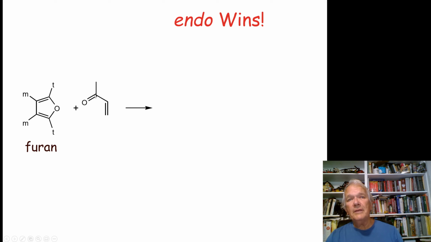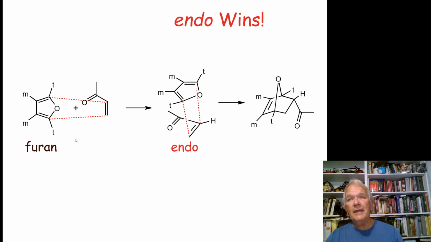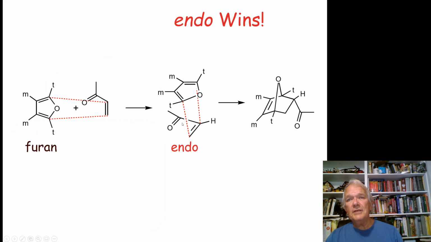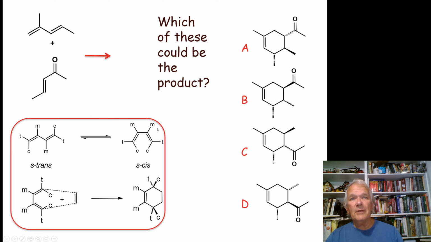There's no regiochemistry here because the carbonyl can go either up or down, since this molecule is symmetric. But is it endo or exo? It's going to go underneath, and these are the 2 possibilities: underneath, which is this one drawn like the product would be, but this is what the transition state would be. And this is indeed the favorable process right here.